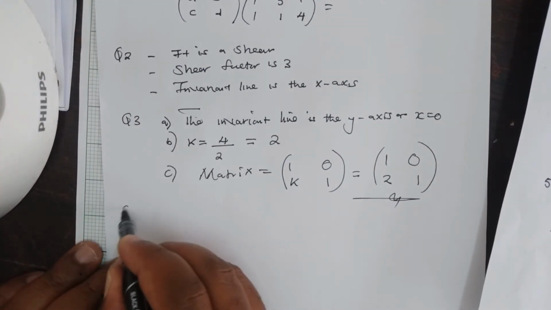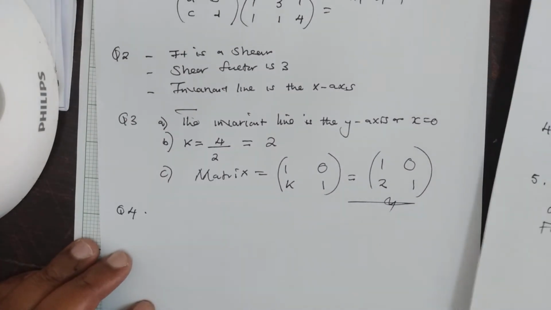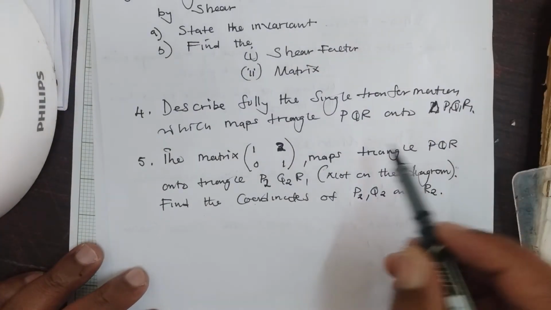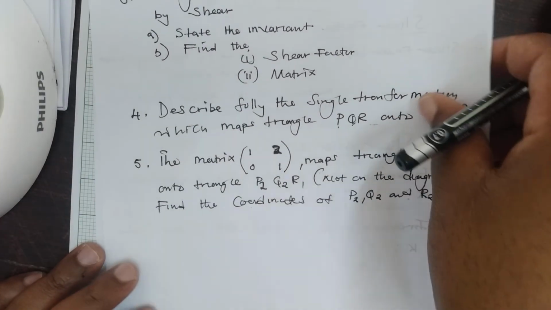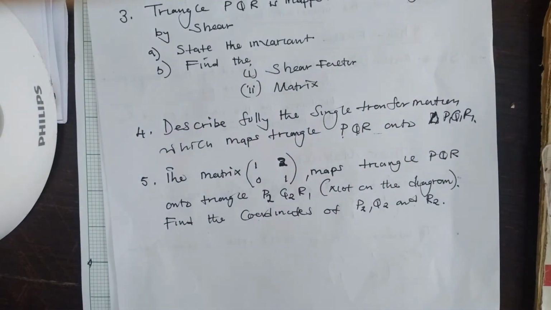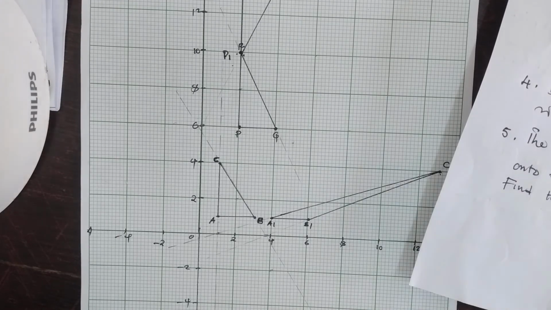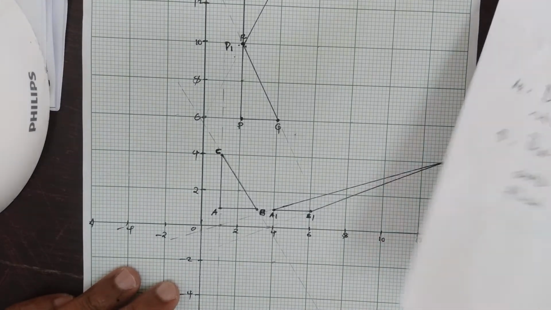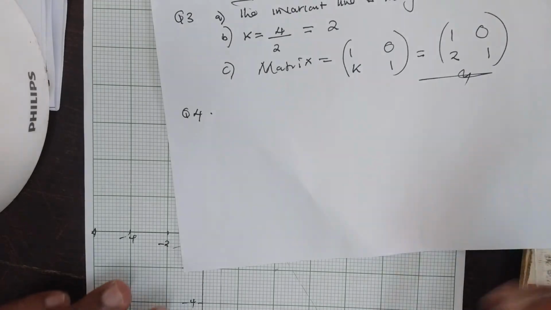Number 4. Describe fully the single transformation that maps PQR onto its image. If that is the question, where you're supposed to describe the single transformation which maps this onto that, you're able to see that this is a shear, so you write that it is a shear.